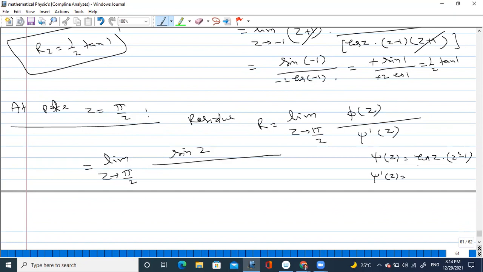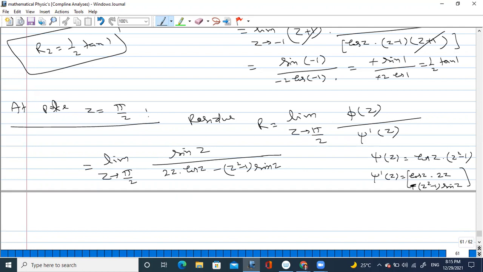So psi dash z will be the first function as such, cos z, into the differentiation of the second, which is 2z, plus the second function as such into the differentiation of this, which is minus sin z. So I can write here twice z into cos z minus z square minus 1 into sin z.